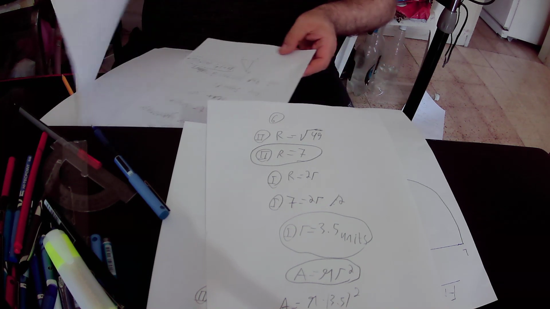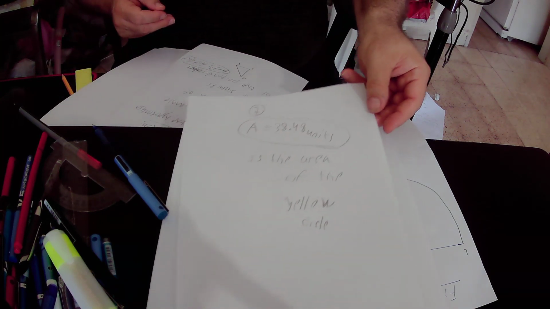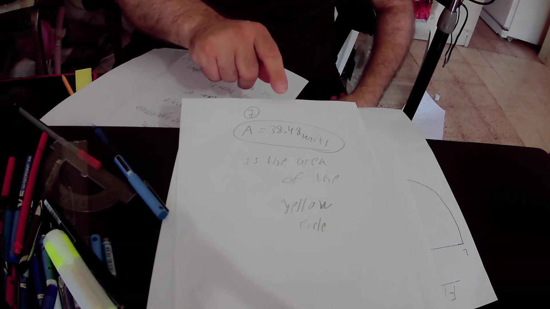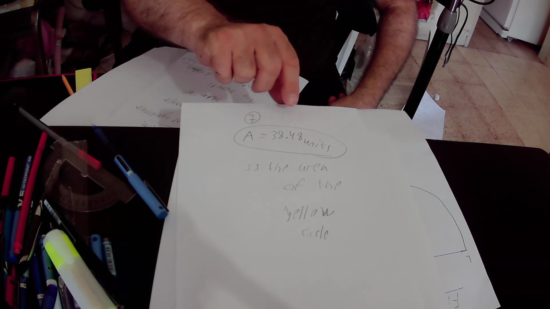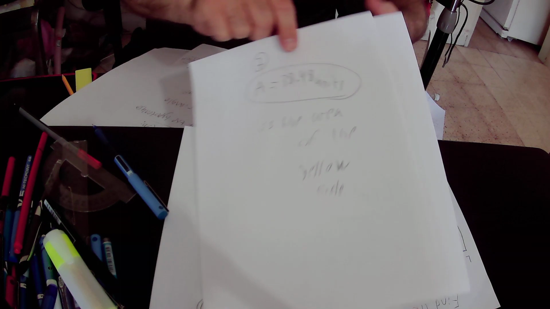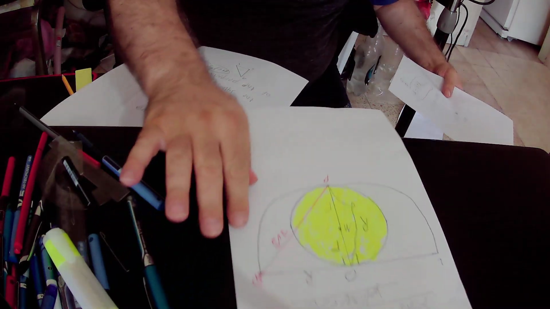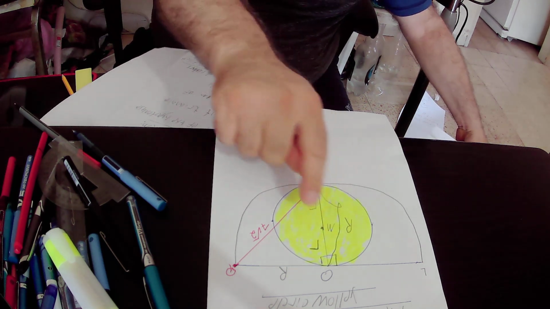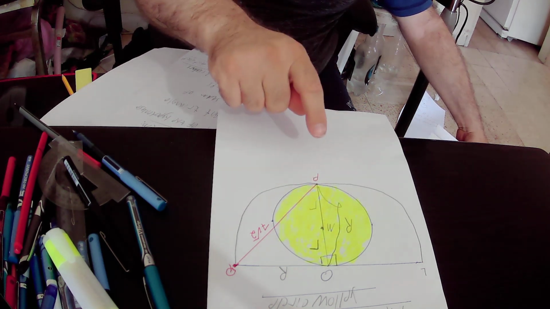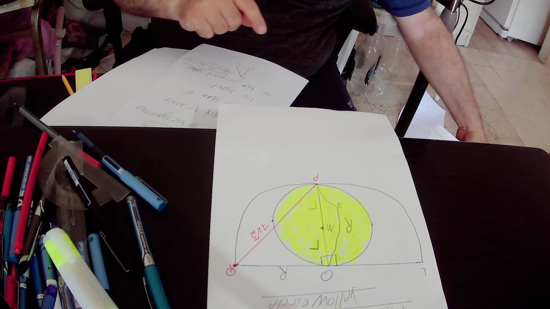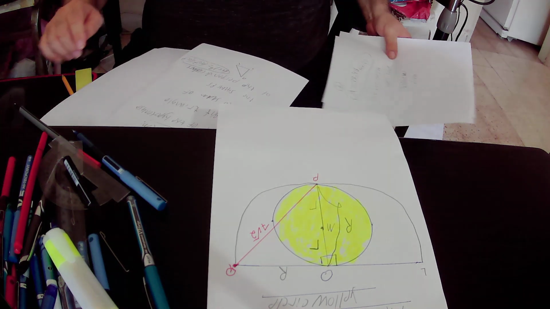So the area of the yellow circle equals 38.48 units. You can see the drawing. So the area of the yellow circle equals 38.48 units. Okay, thank you very much.